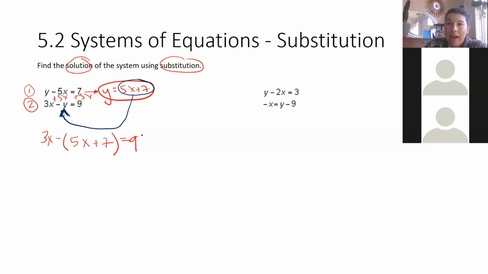So at this step, we should have an equation with only one variable, only x's in this case. Is that the case? Are we left with only one variable? Yes. Good. So now we're going to solve the equation. Okay, before we combine like terms, I spy a negative touching that parentheses. What do we need to do?